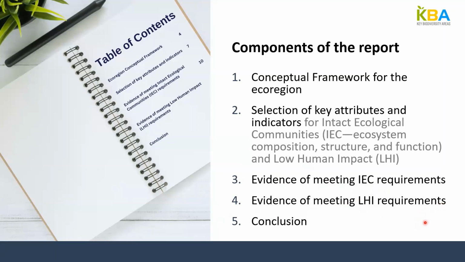But it would also be useful if you provided a concept map for the ecoregion, and also a section where you describe your reasoning for selecting the key attributes and indicators that you did end up selecting for intact ecological communities and/or to demonstrate intact ecological communities and low human impact.